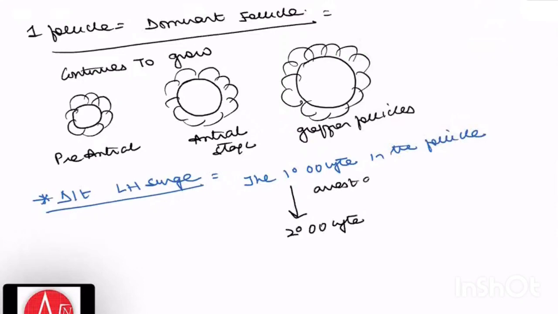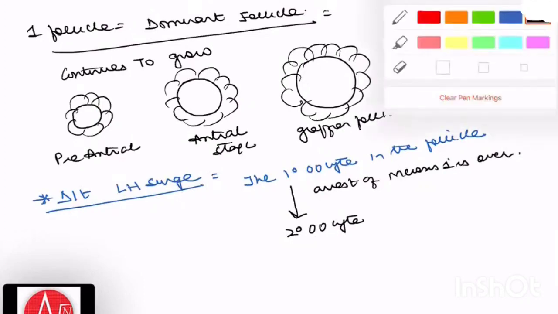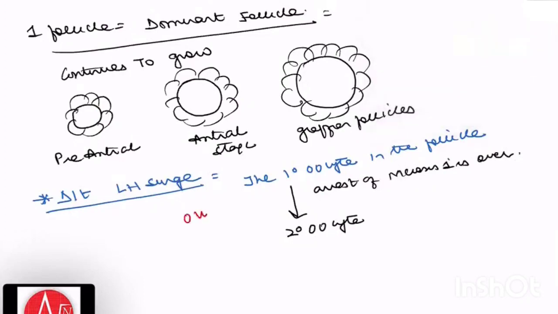The arrest of meiosis 1 is over. And the primary oocyte will now get converted into secondary oocyte, and this process is called as ovulation.